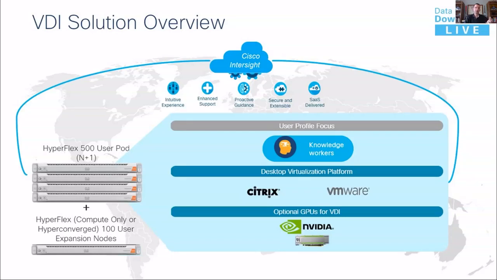Again, we partner with Citrix and VMware to handle the remoting protocol, if you will. And then also for higher end knowledge workers, we want to open up the opportunity for them to have a more graphics enhanced experience. And we partner with NVIDIA to handle the virtual GPU aspects for those graphics enhanced knowledge worker scenarios. Any questions on that right now, Rob?